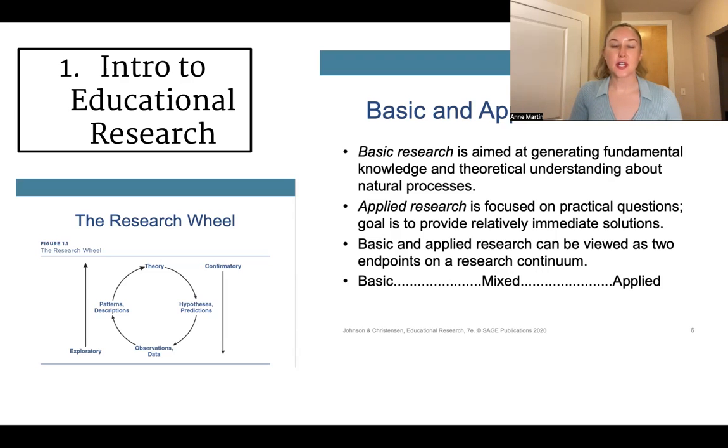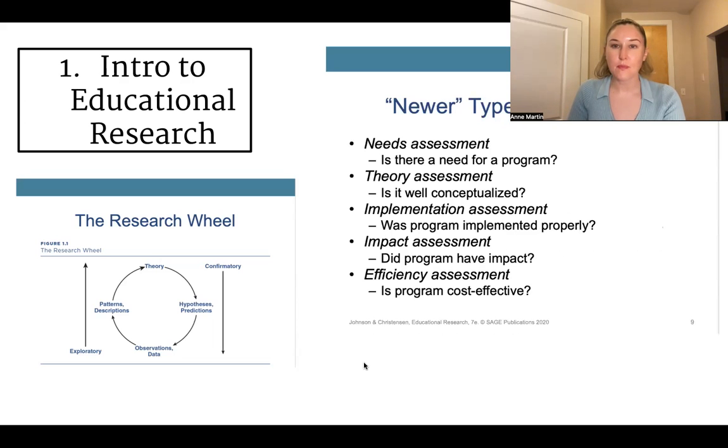And applied research is meant for more immediate action, whereas basic research is more so theoretical, broad understanding. So you will be reading about both of those in chapter 1.